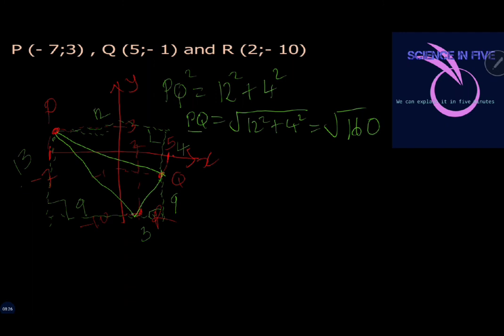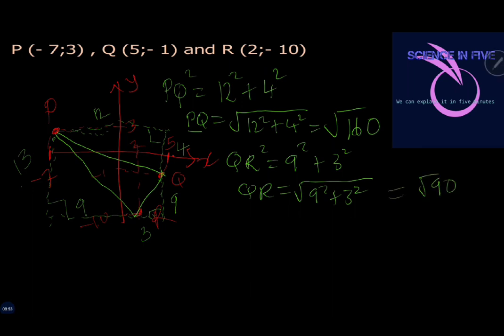QR, I can work out using the same idea: 9 squared plus 3 squared. So QR is the square root of 9 squared plus 3 squared. It's the root of 90.